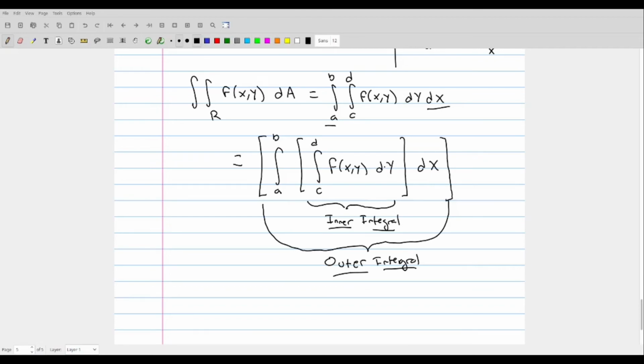And this may not seem too important for rectangular domains, and it turns out it's not when we talk about what's called Fubini's theorem. Right? Fubini's theorem will tell us that we can do a given rectangular integral in any order that we want. However, we have to be a little bit more careful when we're talking about more complicated domains.